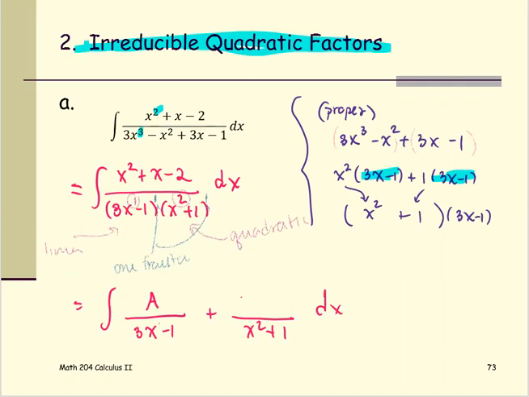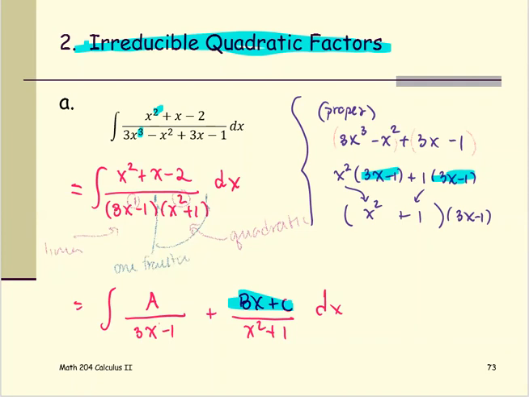So I'm going to put Bx plus C. I'm using A, B, C instead of A1, A2, A3, and so forth, just to distinguish them from each other. It's quadratic, that's why the numerator has to be in linear form. This is the tricky part. So we're going to decompose the original fraction into 2 pieces, and the next step is to find the values A, B, and C.